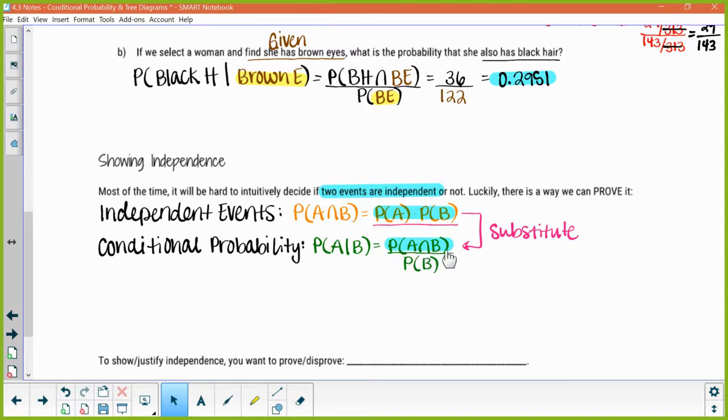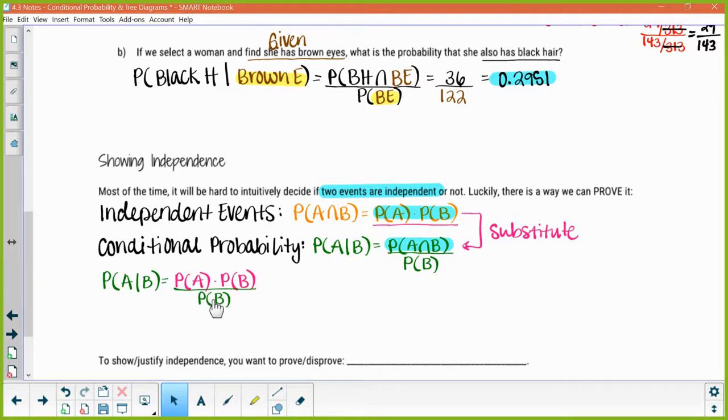Because if I substitute it in and this entire thing ends up being true, then they are independent events. So I substituted in: probability of A given B is equal to the probability of A times the probability of B, all over probability of B.